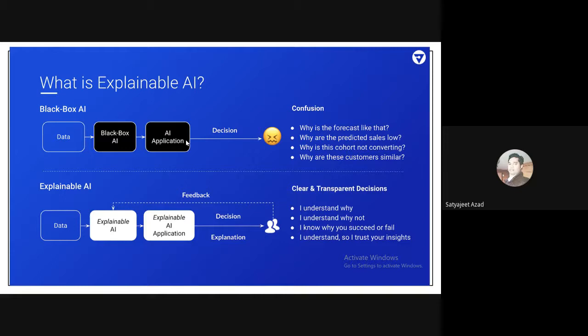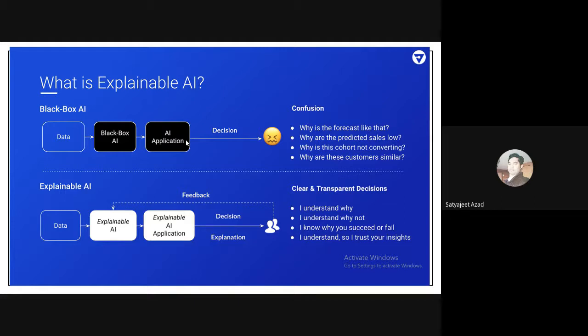But still there is some confusion, and there are some questions to be answered. For example, why is the forecast like that? Once you have the result, you are unable to understand why. Why are the predicted sales low? We don't know. What features lead to the lower sales value? We don't know. Why is this cohort not converting? Why are these customers similar?